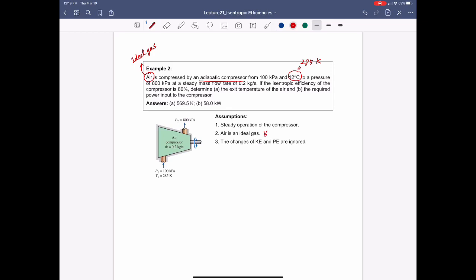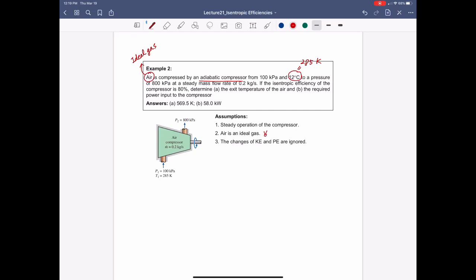Now, exit pressure is 800 kilopascal. So air is compressed by running the compressor from 100 kilopascal to 800 kilopascal, like 8 times higher. We don't know the temperature yet though.